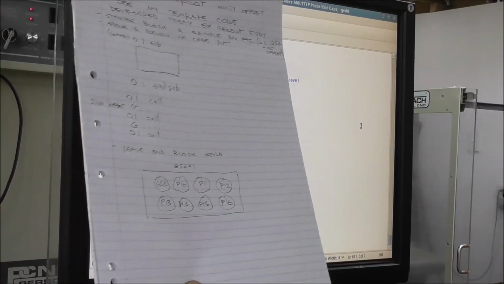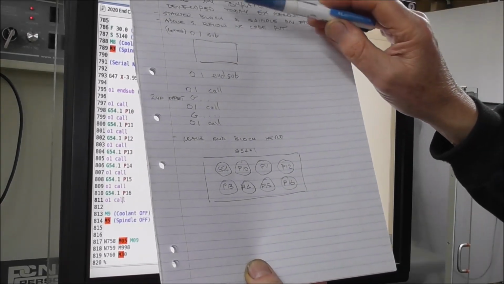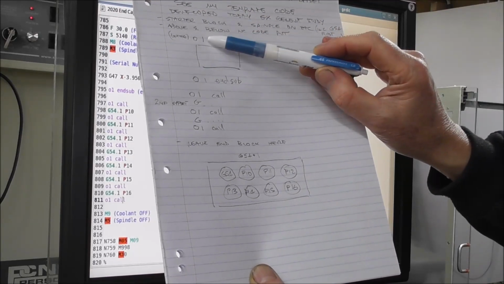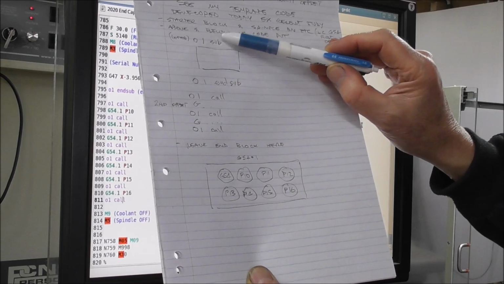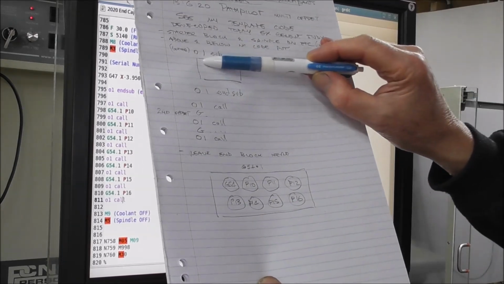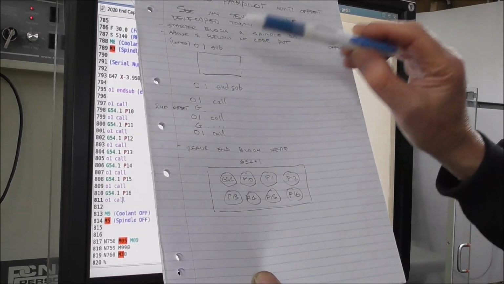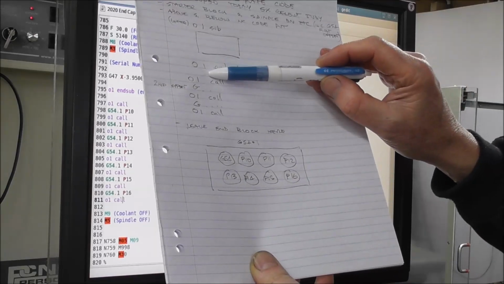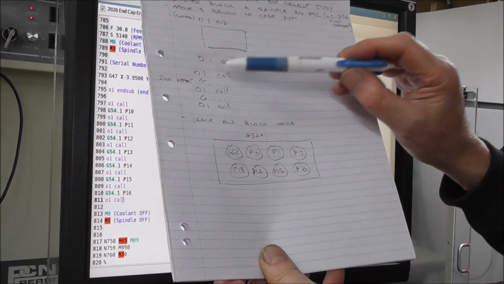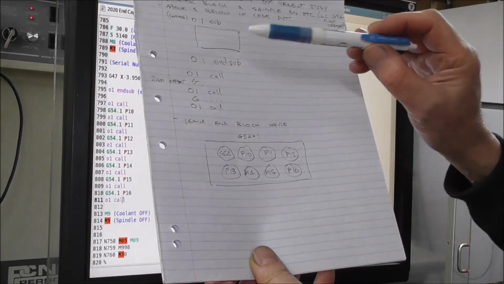Okay, we're just going through this one more time very briefly. So you've got your starter block, then you're putting in the letter O and the number of your sub program, O1 sub, because I'm using 1, the content of your toolpath part of the program here, then O1 end sub, then you're putting in the offsets, O1 call, G whatever, O1 call, G whatever, O1 call, ends on an O1 call.